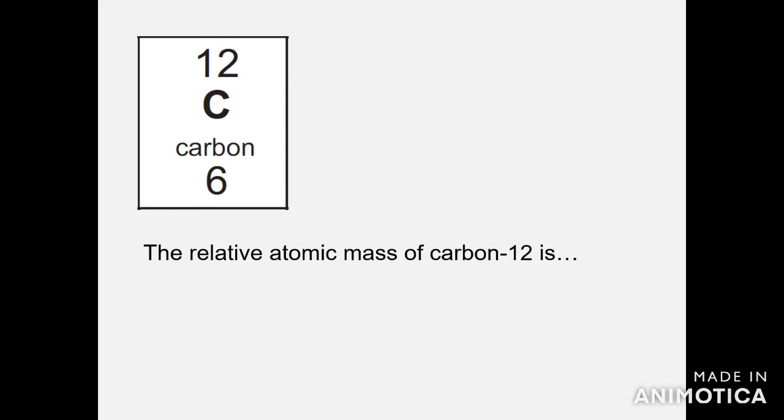So the relative atomic mass of carbon-12 is, shout it out. Okay, yeah, 12. That's the top number. That's what it's telling us. Relatively speaking, the relative atomic mass of carbon-12 is 12. That's our standard reference point.